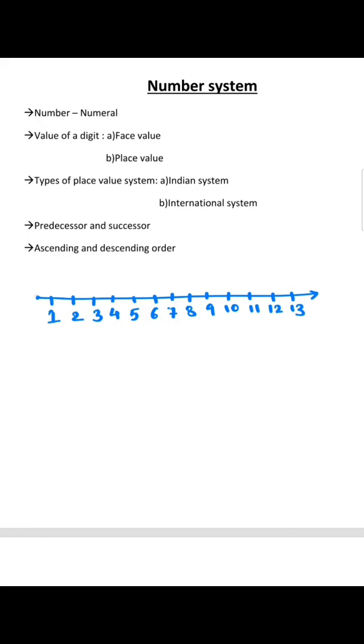Also, here I have put a point because 1 is the first natural number. Before 1, there is no natural number. And after 13, natural numbers will continue: 14, 15, 16, 17, and so on till infinity. That's why, to indicate that there are infinite numbers still following, I have put an arrow mark here.